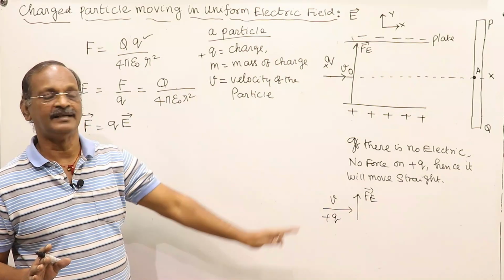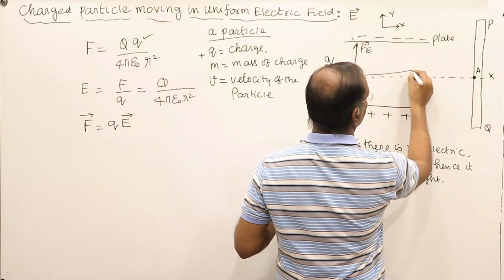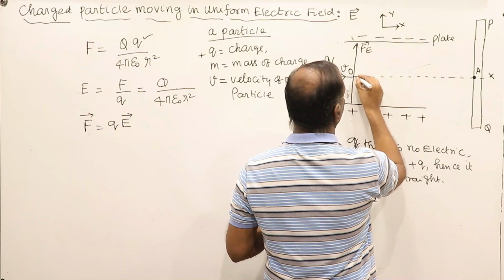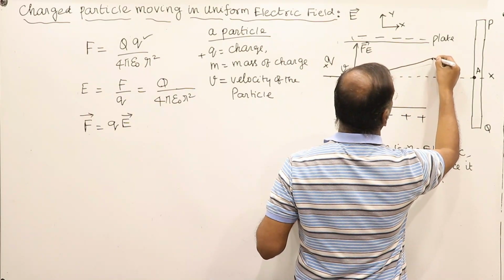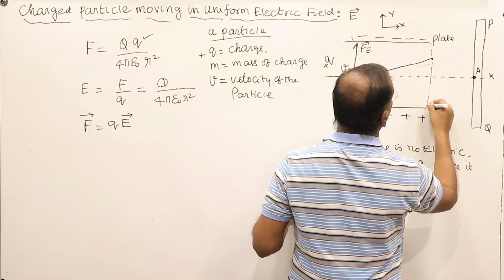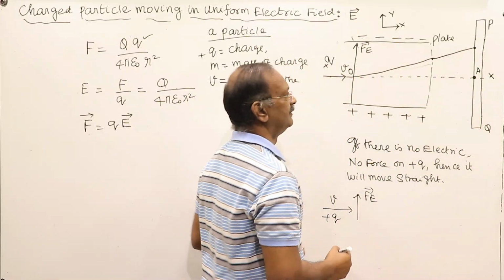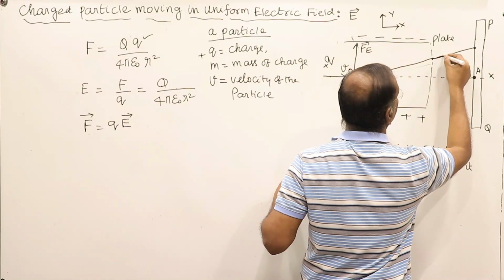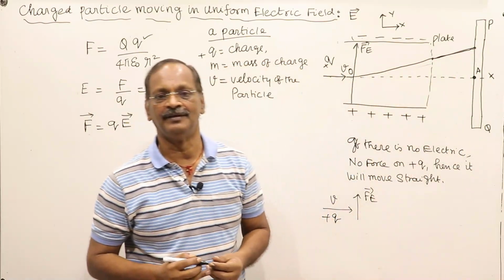So when it is moving, it will change its path. It will not move straight, it will slowly deflect upward, and after leaving this electric field region, it will move straight and hit at this point. This is a straight line, because the deviation is only up to here; from here it moves straight because there is no effect of the electric field.